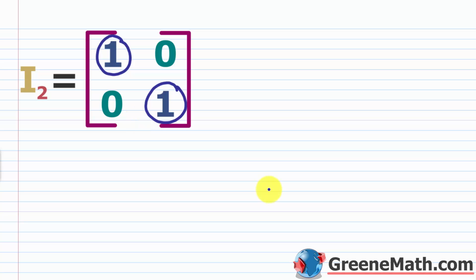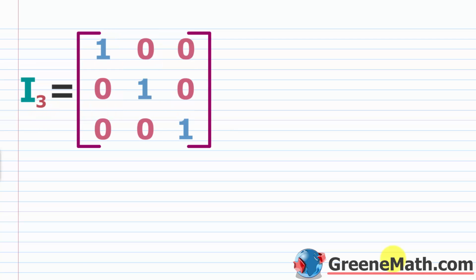Now, when you look at this and you notate the size, because it's an n by n, the same number of rows as columns, I can put one single number down here to identify the size. This is a 2 row by 2 column matrix, so I can say that this is an identity matrix, or I sub 2 to say it's a 2 by 2 identity matrix. If I had a 3 by 3 identity matrix, again, I can just say it's I sub 3.